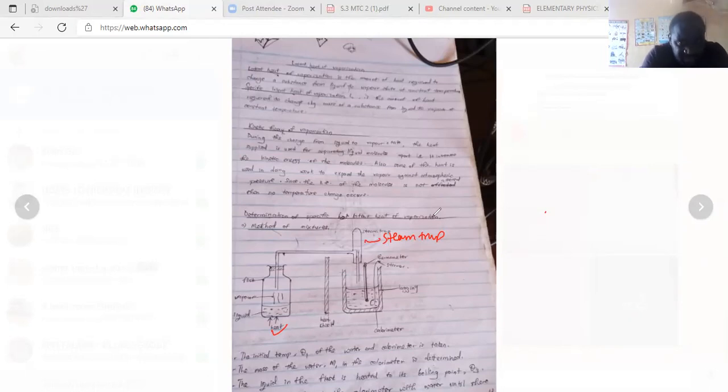So in the beginning, we take the initial temperature θ1 of the water and the calorimeter. The mass of the water, M1, in the calorimeter is also determined. The liquid in the flask is heated to its boiling point, i.e. θ3.